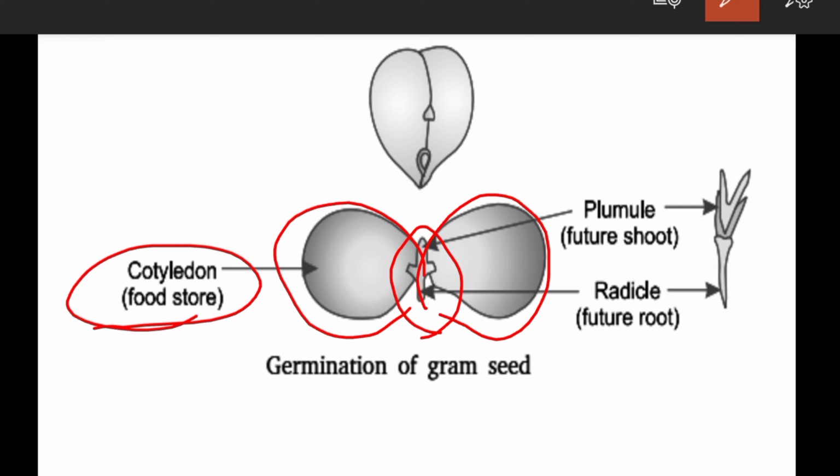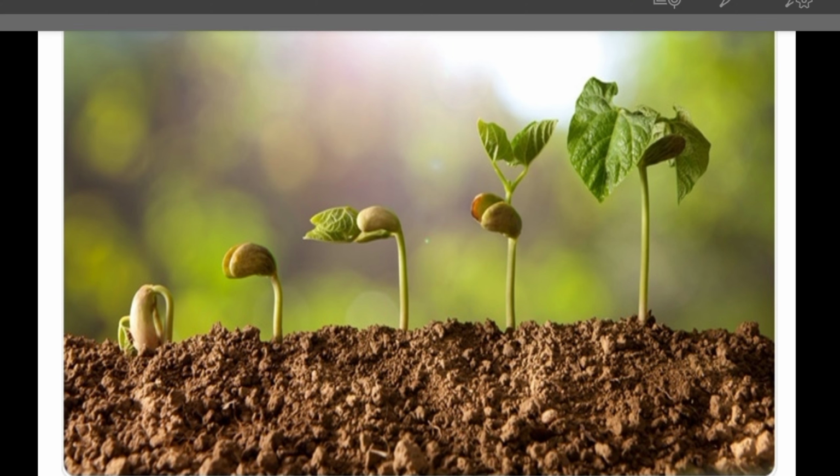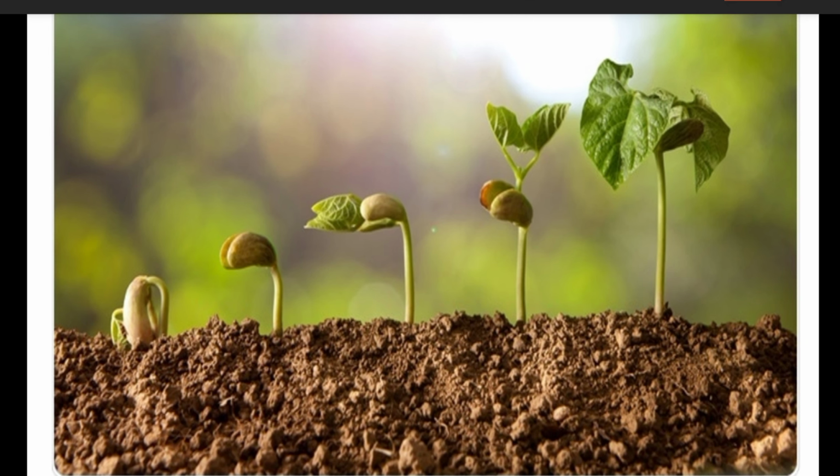Then what will happen? The down part is called the radicle. It develops into a root. And the top part is the plumule, which develops into a shoot, that means the stem part. See here. Let's observe this. See what's happening from this seed. The down part is growing into the soil and it develops its roots.